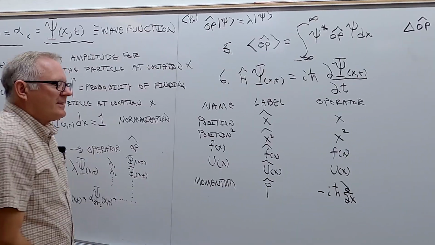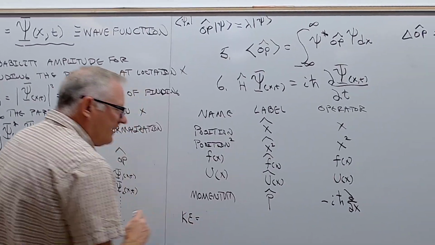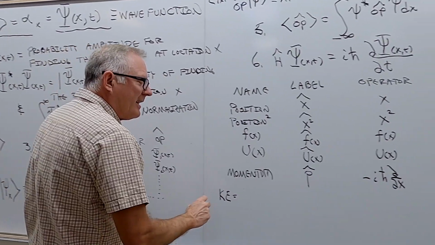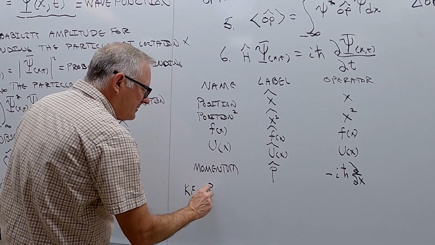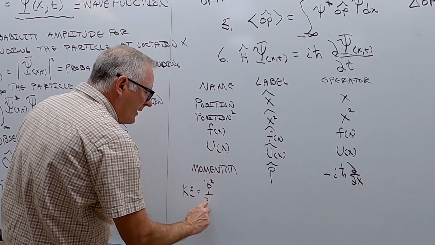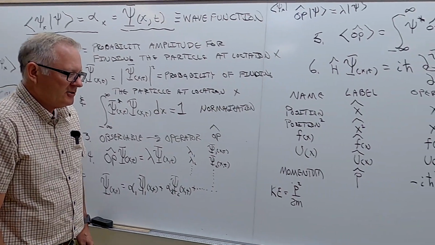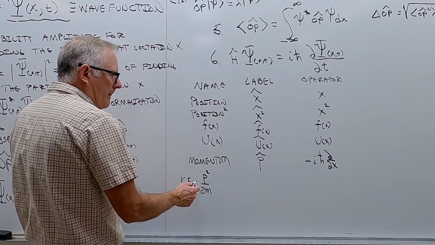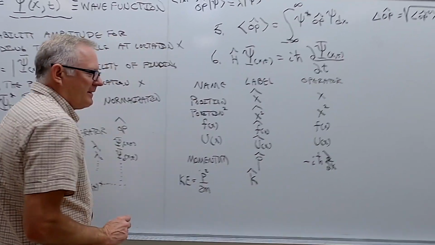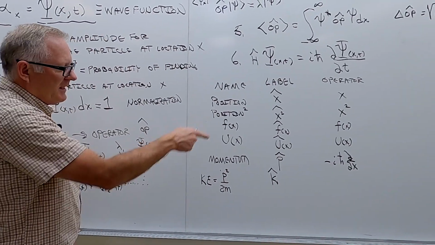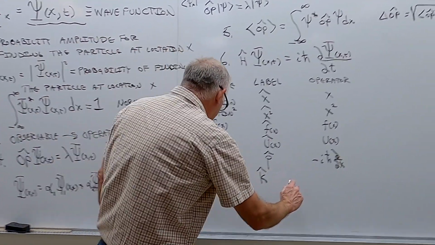Okay, well, what about kinetic energy? Remember, the definition of kinetic energy, at least classically, non-relativistically, is just p squared over 2m. That was our definition of kinetic energy. So this would be the kinetic energy, I'll just write it as k right there. But what would the operator be? Well, I could write it like this.